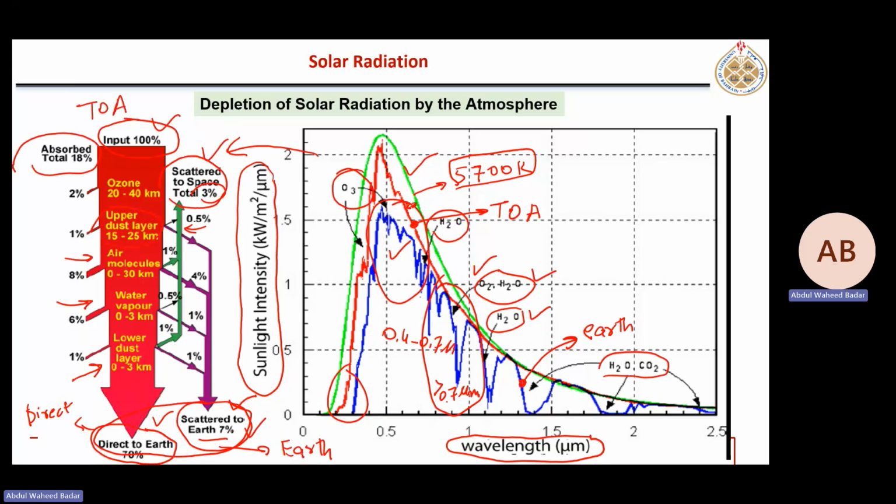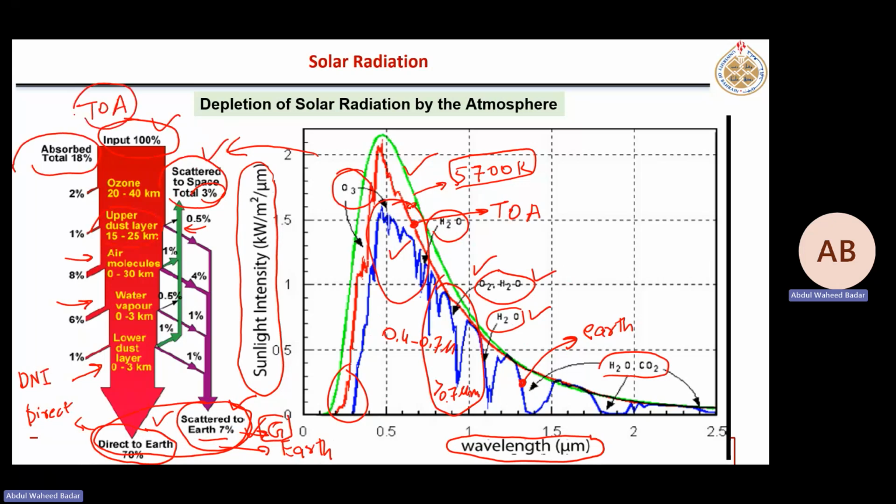So our solar thermal systems, consisting of PV cells or solar thermal collectors or of any type, their efficiency will of course depend upon the amount of radiation which is finally reaching the surface of the Earth, right? For this direct part, there is another term which is called DNI, direct normal incidence, right?